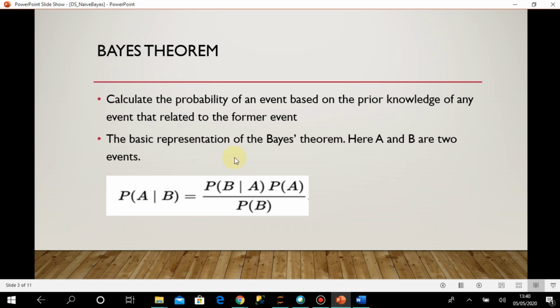This is the Bayes theorem. So the conditional probability of event A when event B has already occurred is equal to the multiplication of the conditional probability of B when event A occurs and probability of A, divided by probability of B. That is the Bayes theorem.